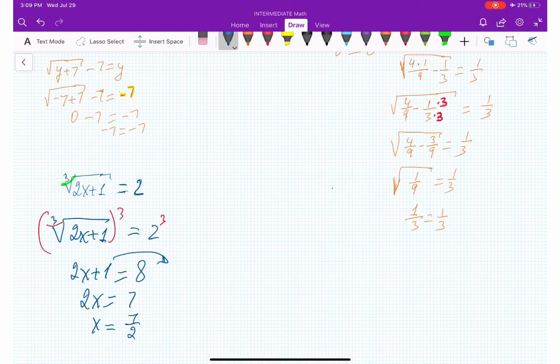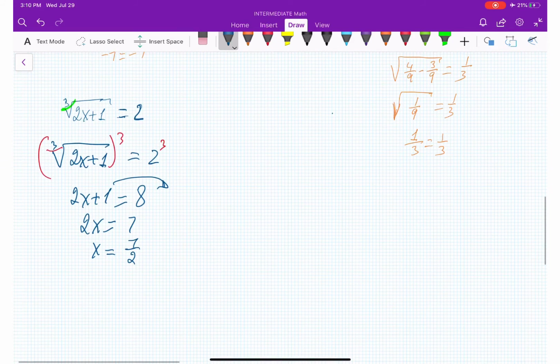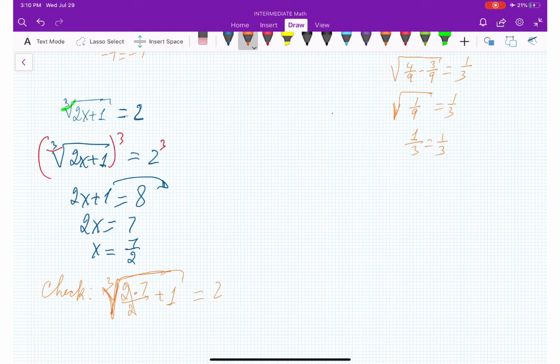All right. Let's check it. If I plug in there cubic radical twice 7 over 2, let me do it like this, 2 over 7 over 2, and plus 1. Let's see if we get 2. This 2 and 2 is gone, right? Because 2 times 7 over 2.